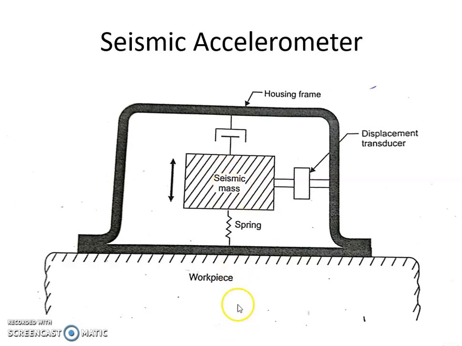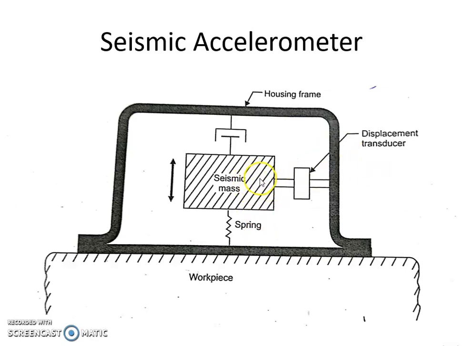Now whenever there is an acceleration applied to the workpiece, it pushes the mass against the fixed housing frame through the spring. Therefore there will be a displacement of the mass. That displacement of the mass is measured by means of a displacement transducer. As there is more acceleration, the displacement of the mass will be more.